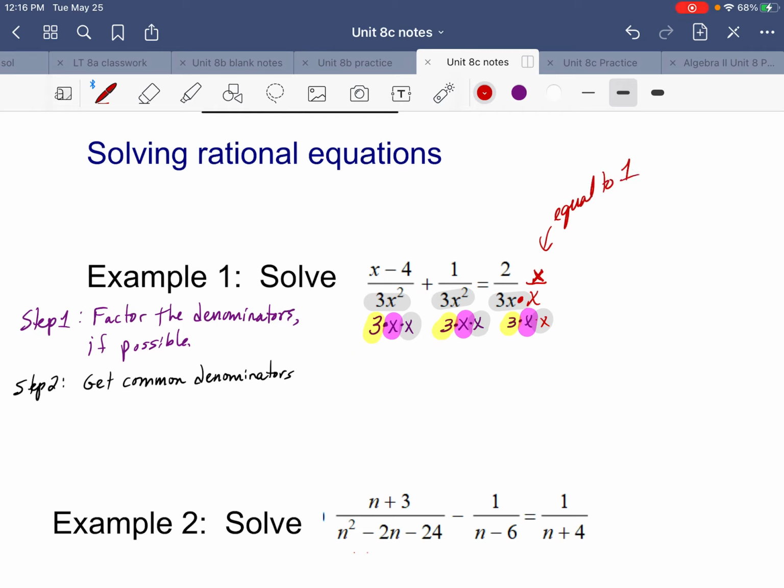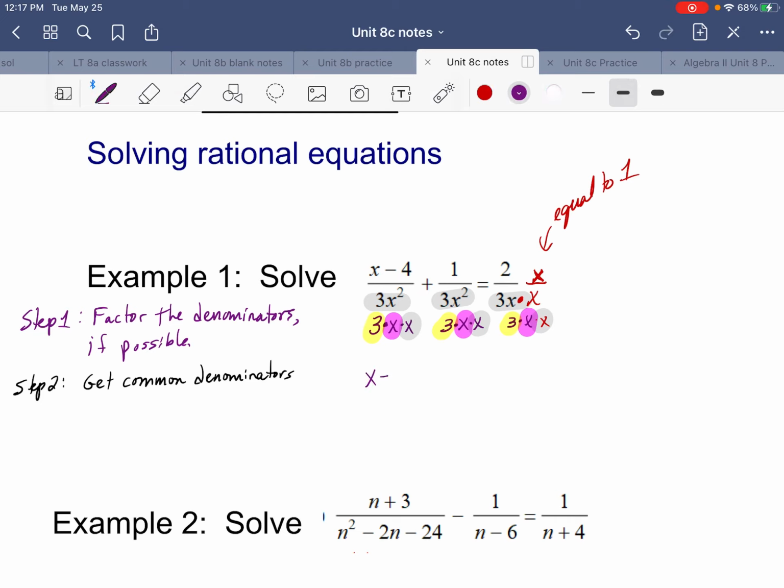By multiplying by something that's equal to 1, it does not change the value of the problem. So that's very important here. It's still an equation. Left side still equals right side because I multiplied the 2 over 3x term by something equivalent to 1. Now I'm going to quickly rewrite what we have.